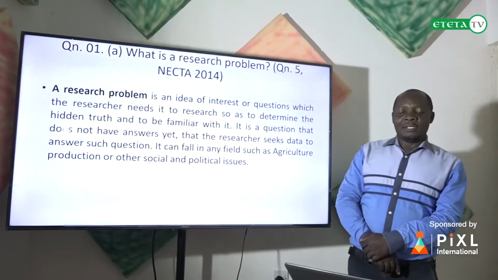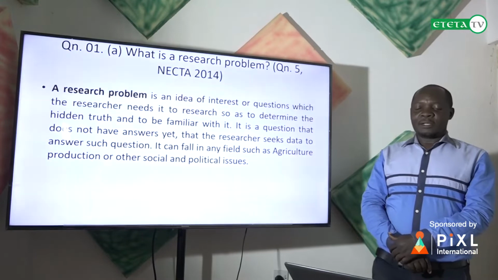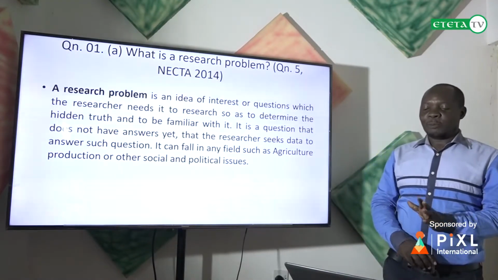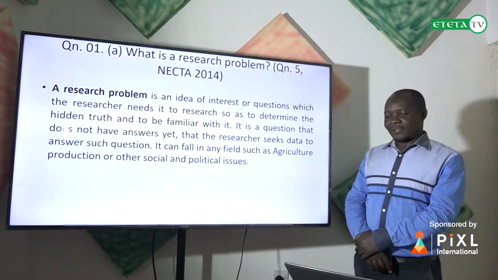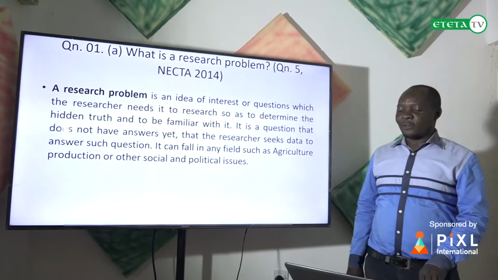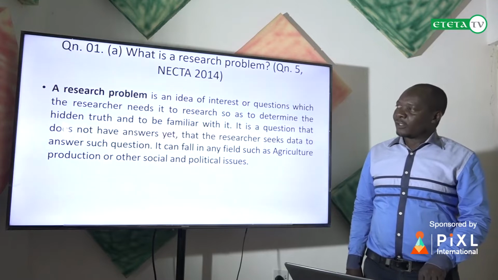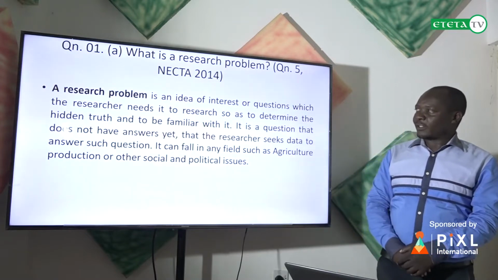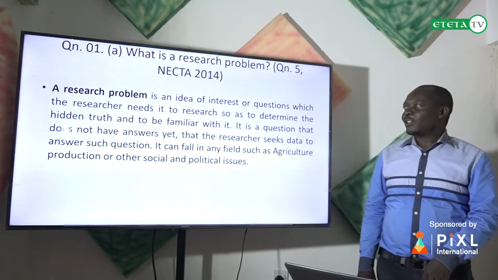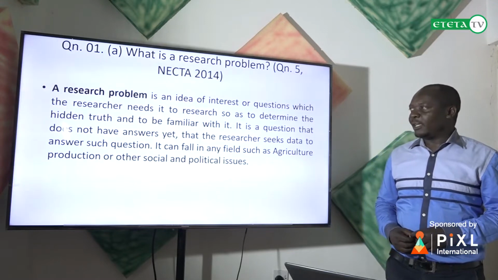You can define or explain the concept like this, for example, saying that a research problem is an idea of interest or a question which the researcher needs to search so as to determine the hidden truth and be familiar with it.